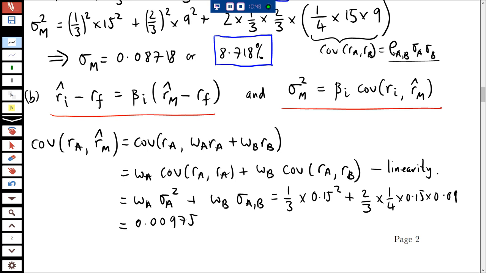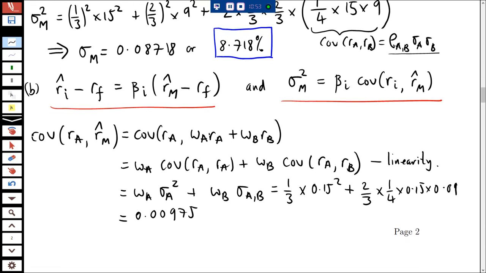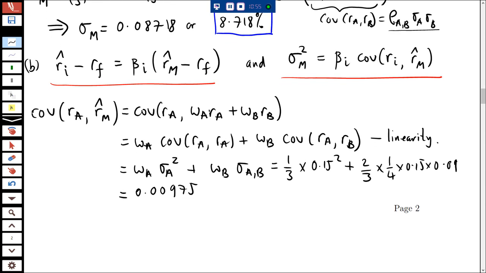So next we need to, well, we can just calculate using the following. So the premium on asset A, just rearrange this equation up here. Okay, and again, it's just a number crunching exercise.